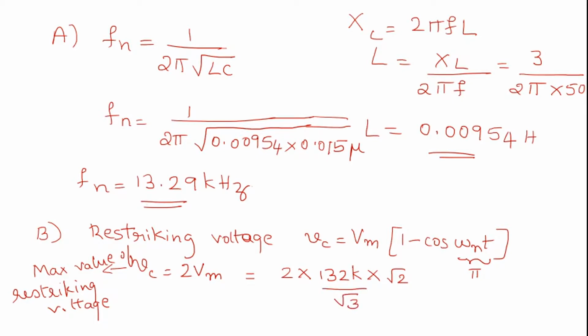So the maximum value of restriking voltage Vc is equal to 2 Vm, which is 215.56 kV. That is how we get it.